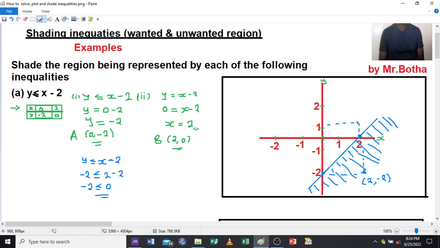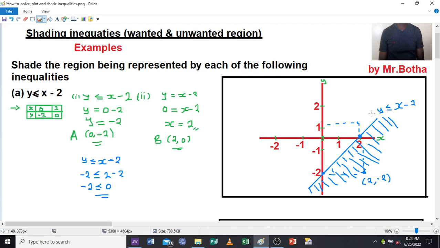Okay, if it doesn't have that equal, you don't shade it, you draw a broken line, okay, or a dotted line. So this is the region. So the inequality representing this shaded region, the lower part, is y, right? That's less than or equal to x minus 2, right?